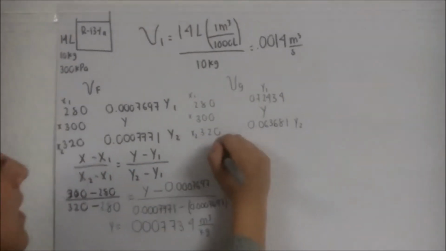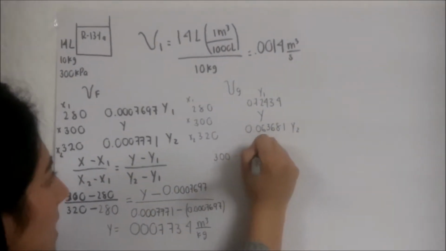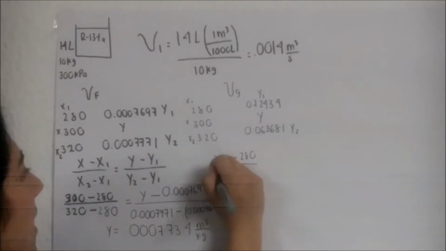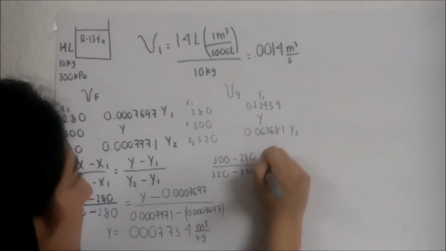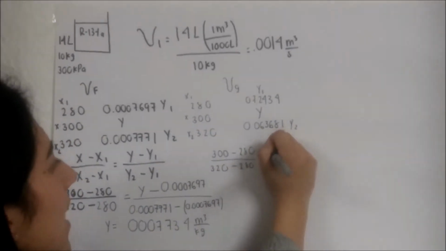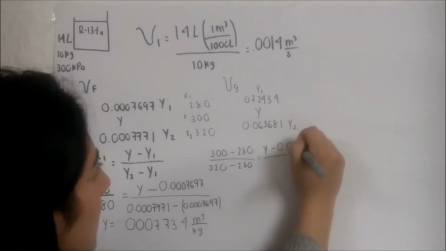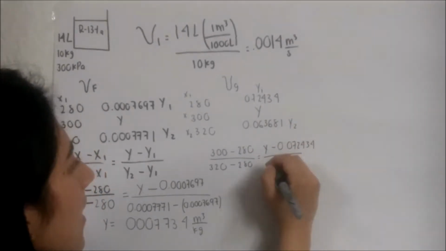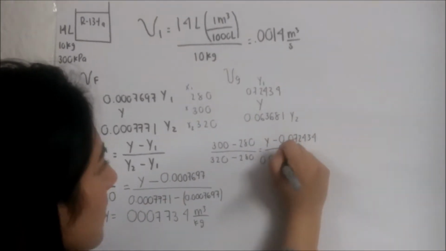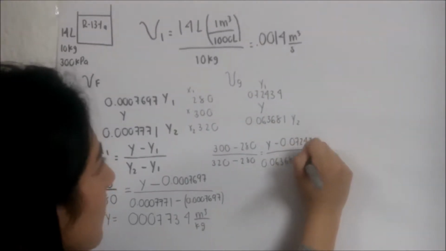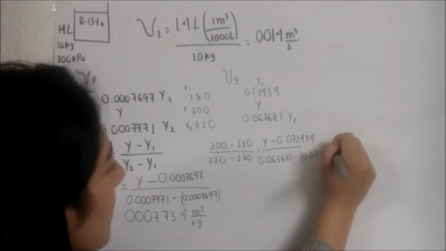So we have that it's 300 minus 280 over 320 minus 280, equals y minus y1, that is 0.072434, over y2, that is 0.063681, minus 0.072434.